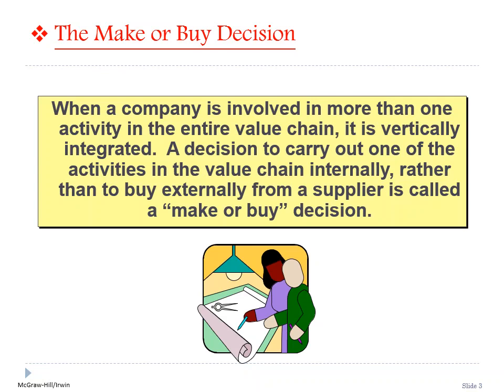You have also to know some companies control all of the activities in the value chain from producing basic raw materials right up to the final distribution of finished goods and provision of after-sales services. And other companies are content to integrate on a smaller scale by purchasing many of the parts and materials that go into their finished products.